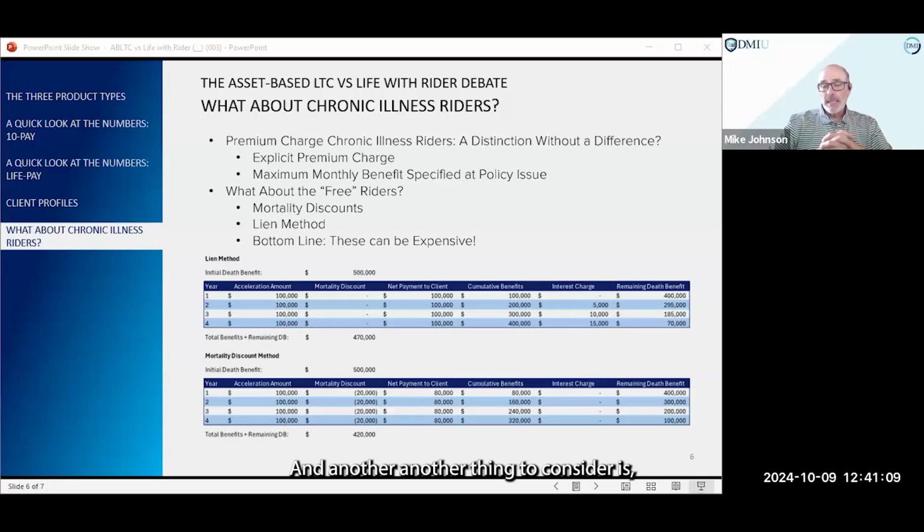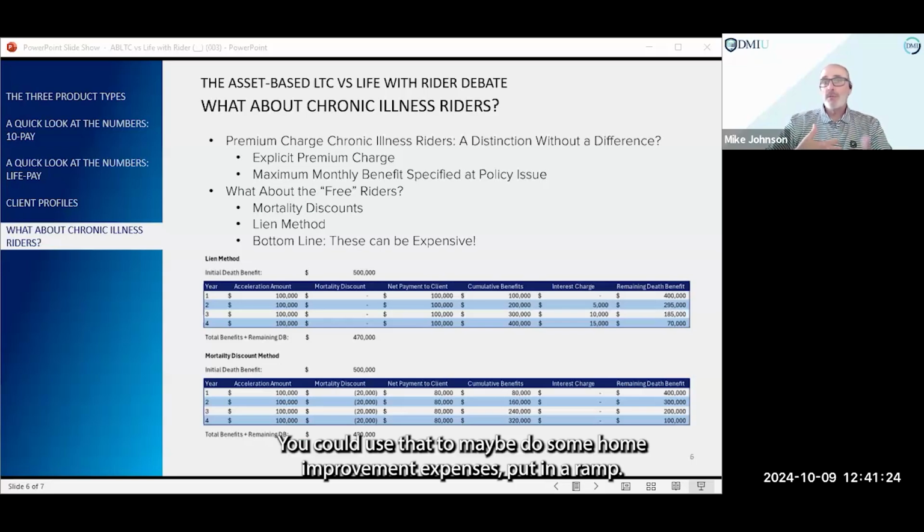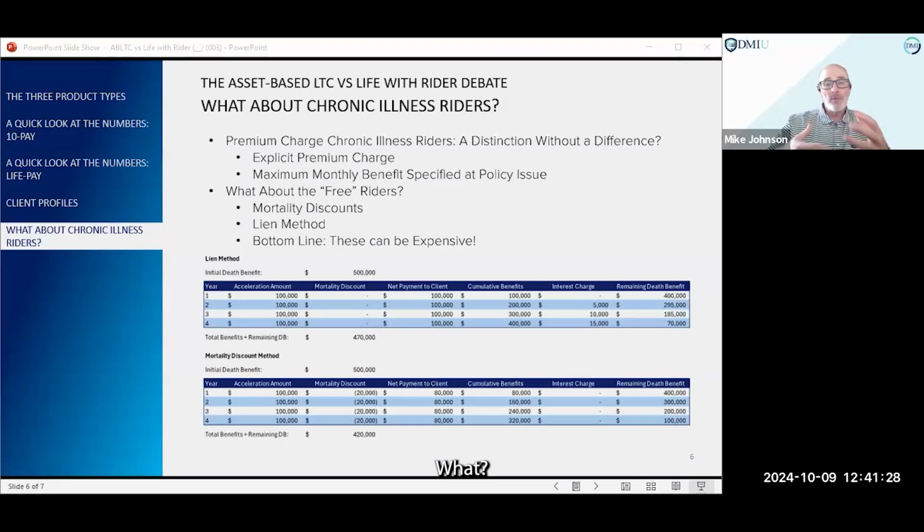And another thing to consider is, you may not necessarily need that full $5,000. Maybe you only need $4,000 or $4,500. You could take that additional $500 to $1,000 per month. You could bank it. You could use that to maybe do some home improvement expenses, put in a ramp, or maybe hire a dog walker service. You've got a lot of flexibility there.